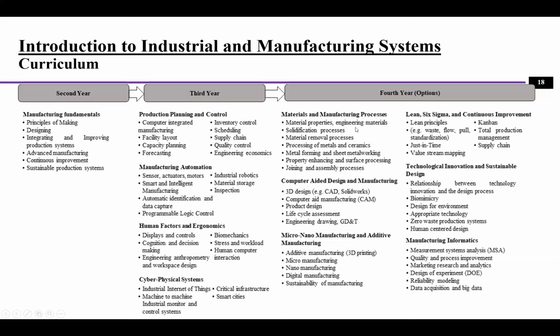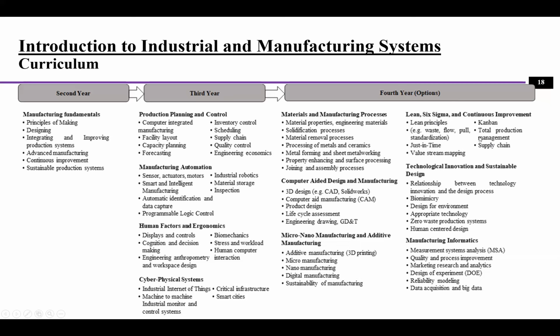Another required course in our concentration is Lean Six Sigma and continuous improvement. This is more of a management part of industrial manufacturing systems, and here you will learn a lot of those management concepts, for example lean principles, Kanban system, Toyota production management, supply chain, just-in-time, and value stream mapping.